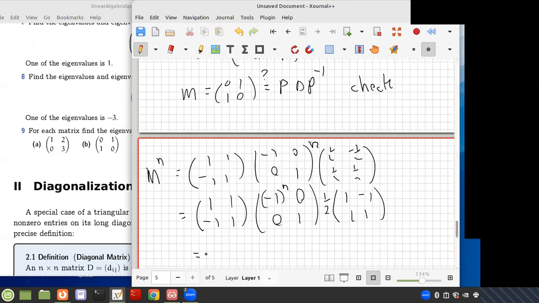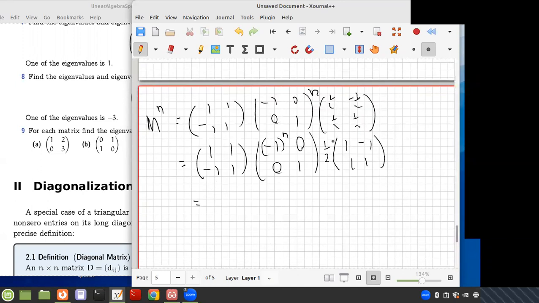Okay, and then we can put the 1/2 out front. And then we'll repeat this first matrix and then do the second multiplication here. This matrix here times this one with the 1/2 out there will be (-1)^n times 1 plus 0 times 1.